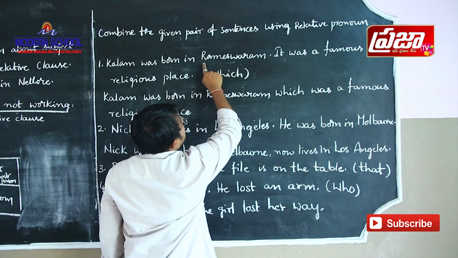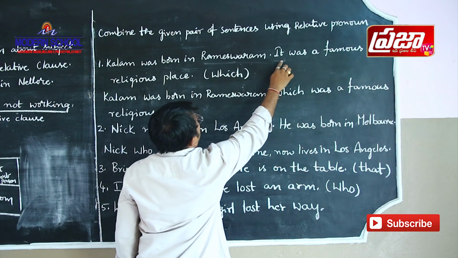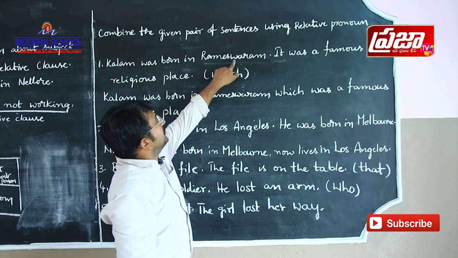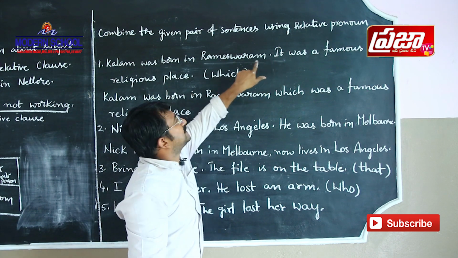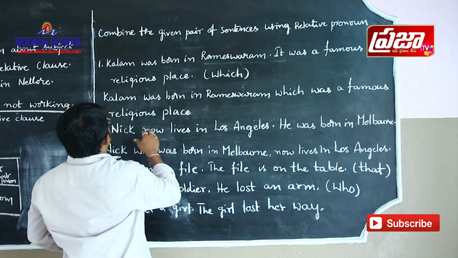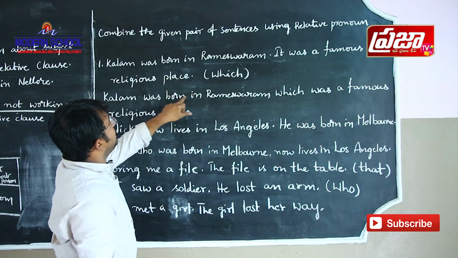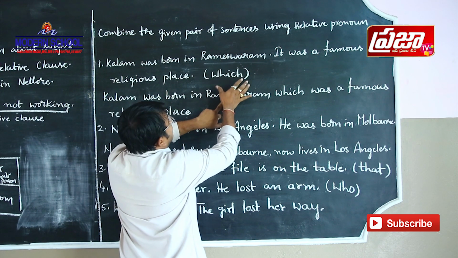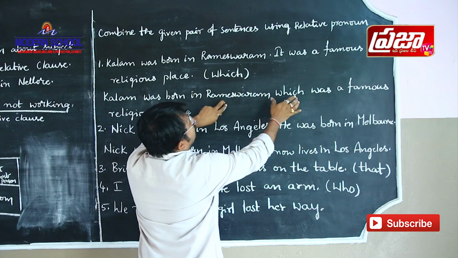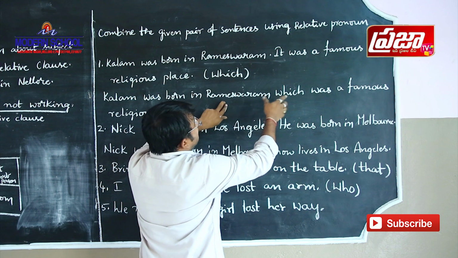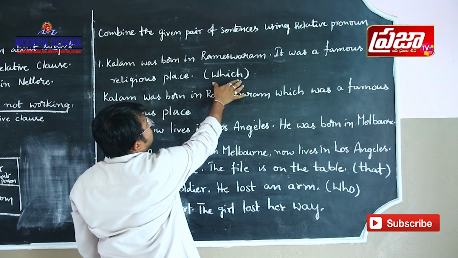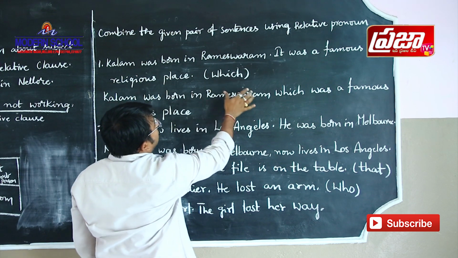So this noun and this pronoun refer to the same place. So what we have to do here: Kalam was born in Rameswaram. After this noun, we have to use the relative pronoun that we are asked to use to combine the given pair of sentences.